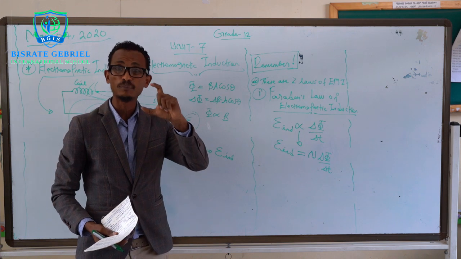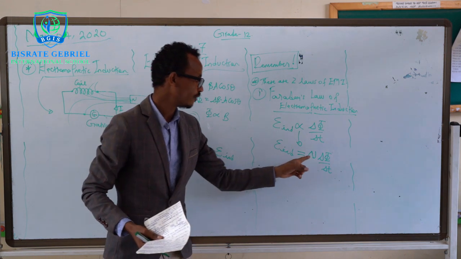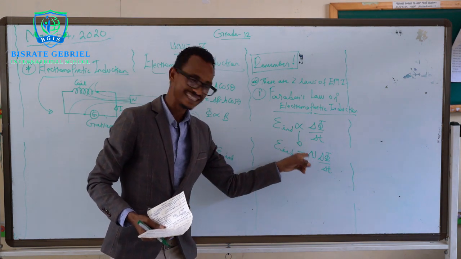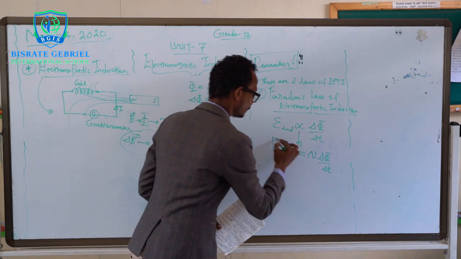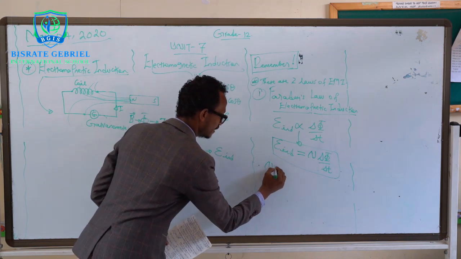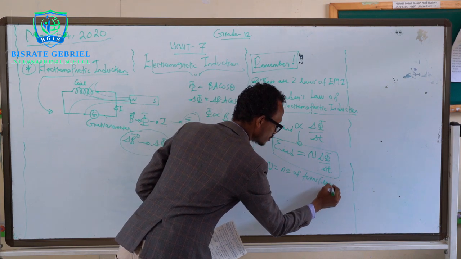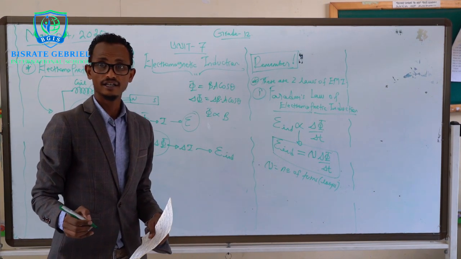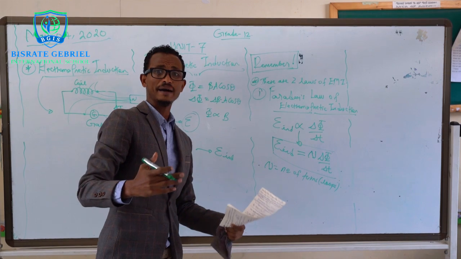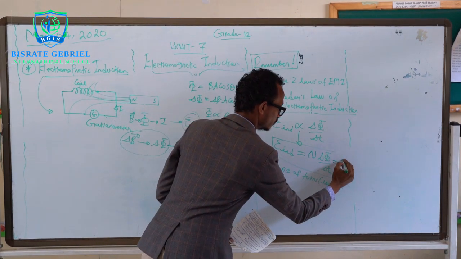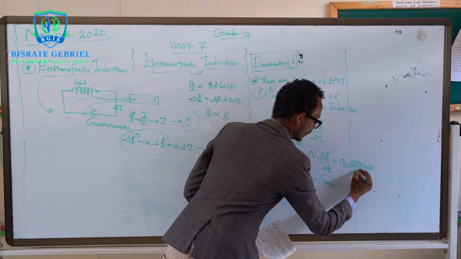This proportionality constant is important to balance the two sides of the equation. This N is known as the number of turns or number of loops of the given coil of wire. Or if you want to express the induced electromotive force in terms of change in magnetic flux, we can write it as N times change in BA cos theta over change in time.